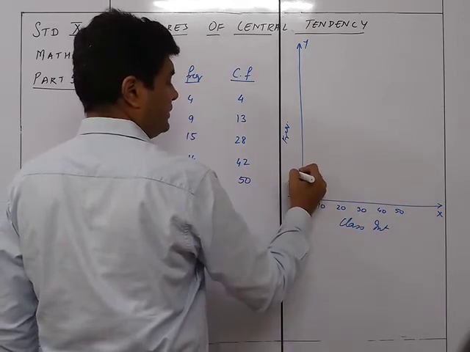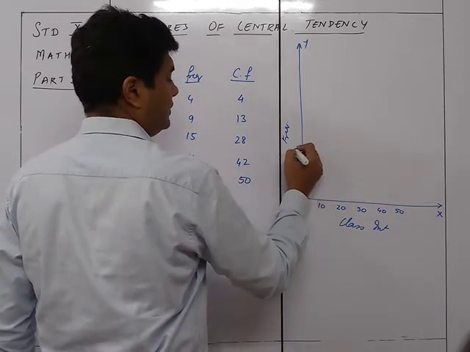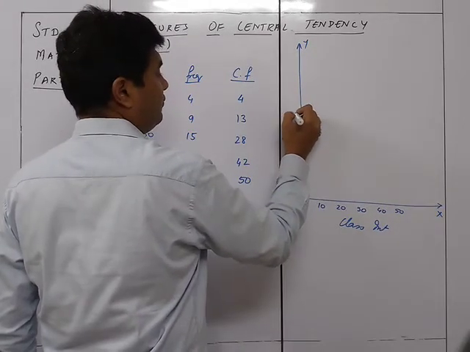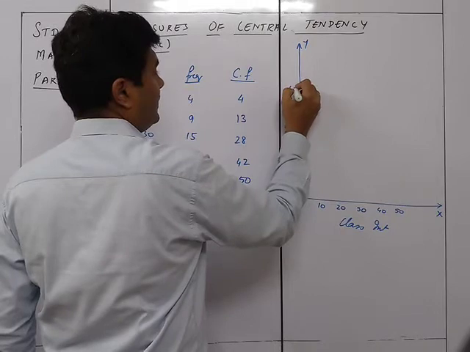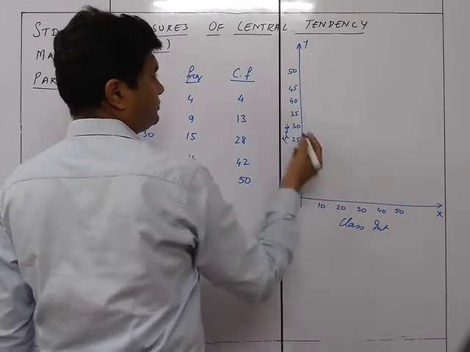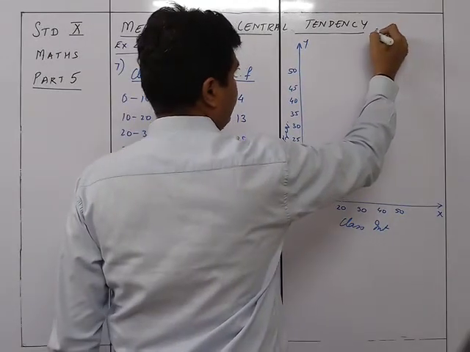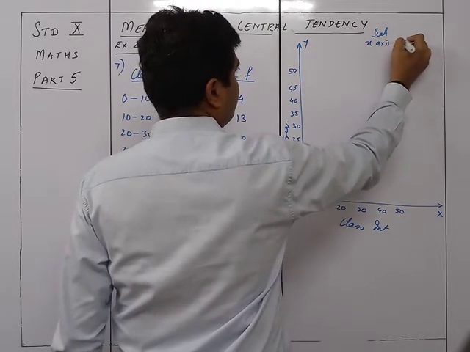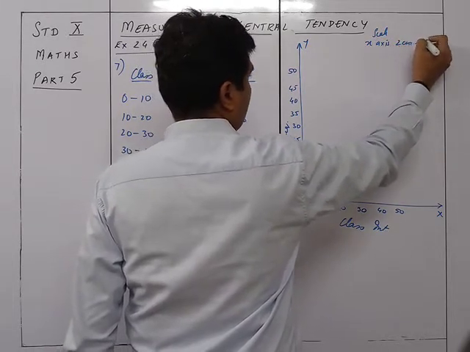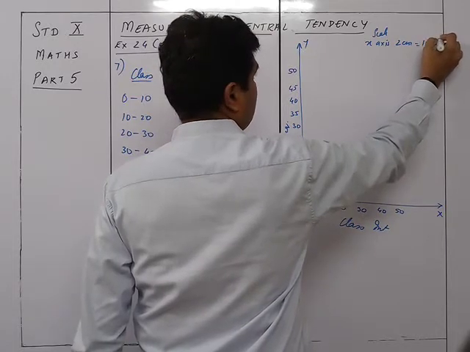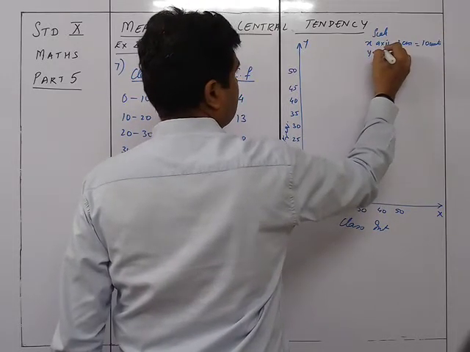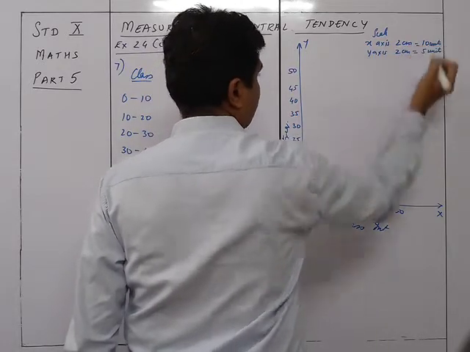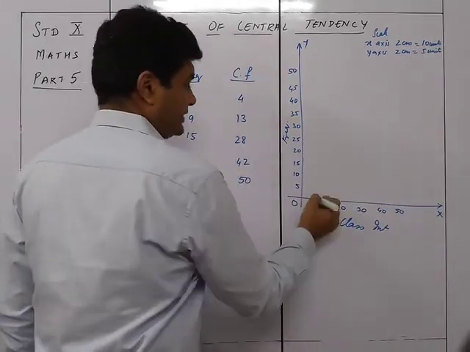So 5, 10, 15, 20, 25, 30, 35, 40, 45, 50. We put the scale. So the scale will be, x-axis, 2 centimeter is equal to 10 units, and y-axis, 2 centimeter is equal to 5 units. We start the plotting now.